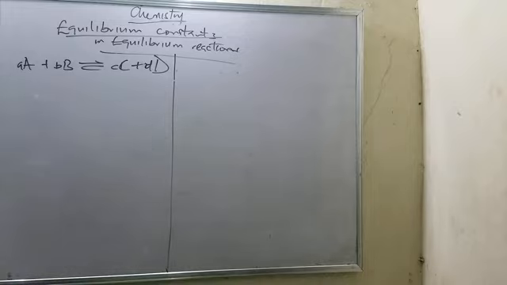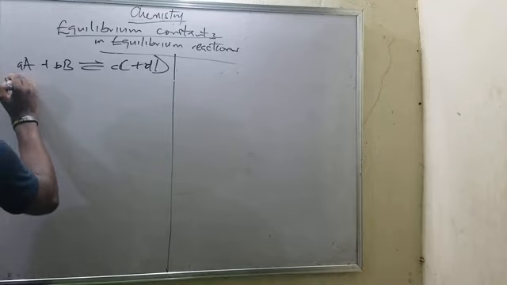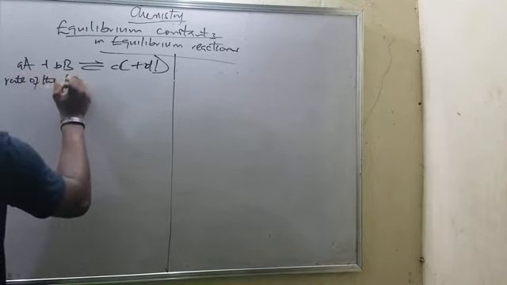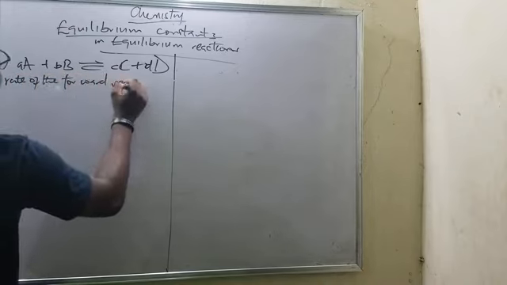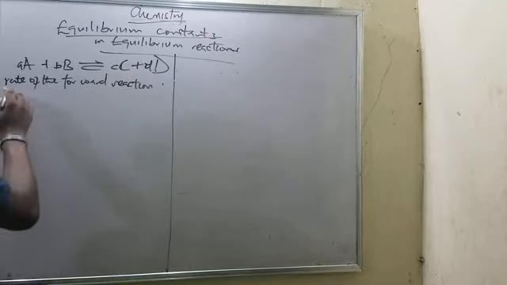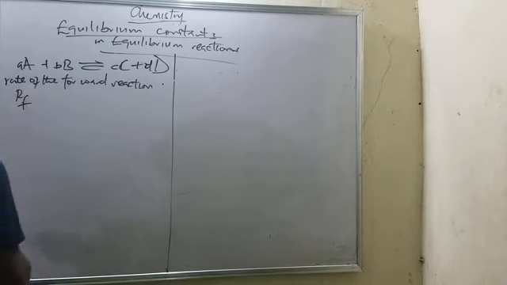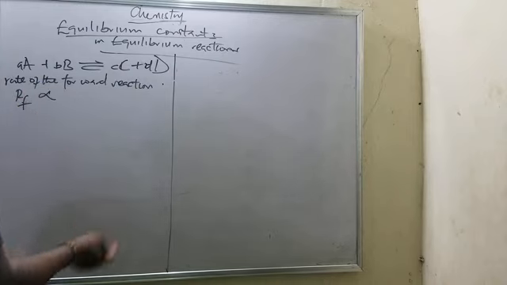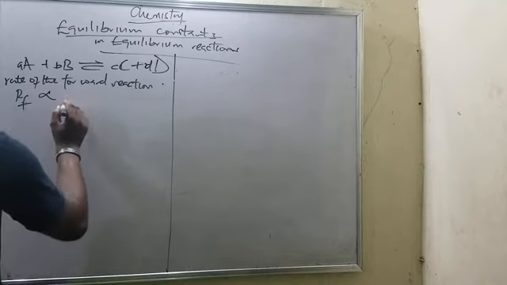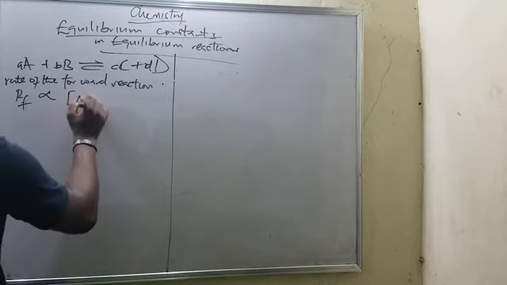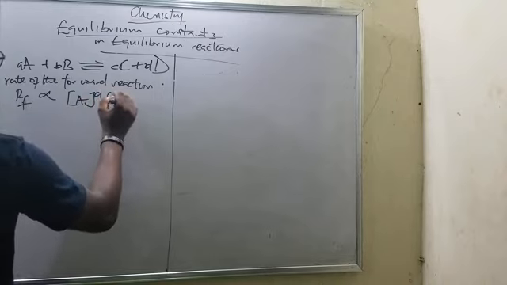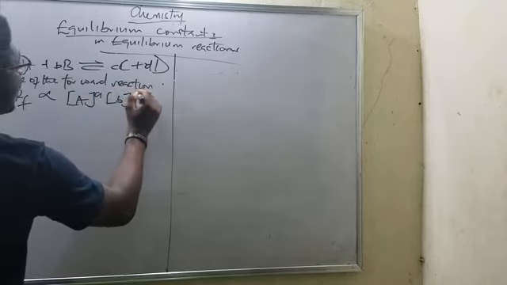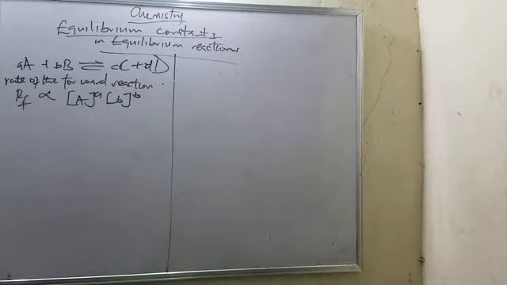For this hypothetical equation, the rate of the forward reaction, that is Rf, is directly proportional, using the law of mass action, to the active masses. And active masses are the concentration of the species raised to the power of the number of moles as represented in the balanced chemical equation.